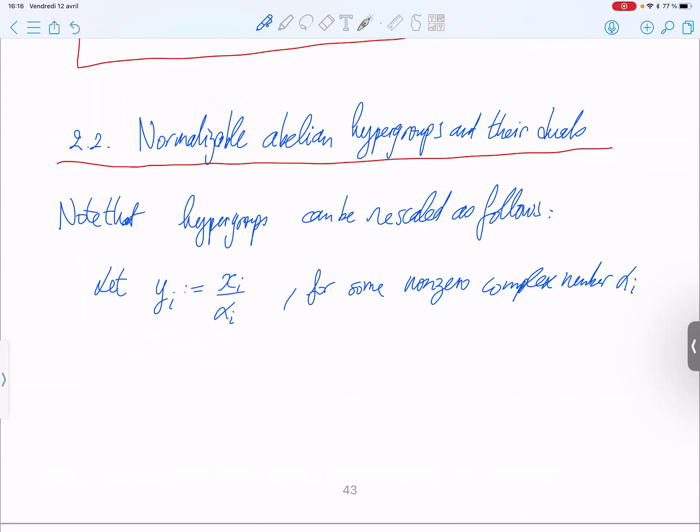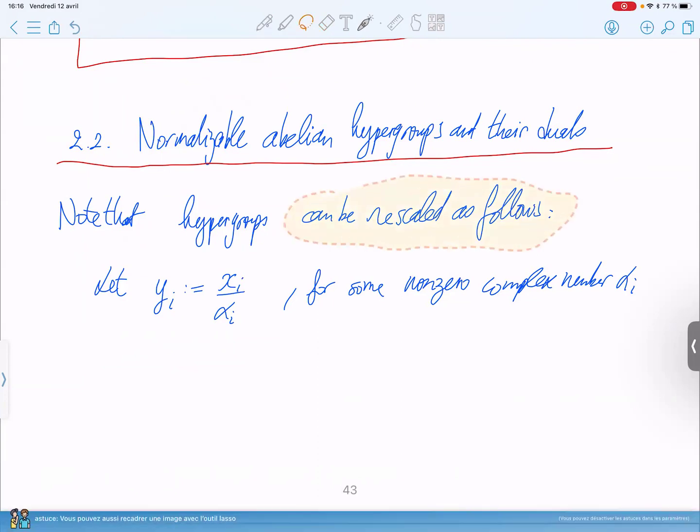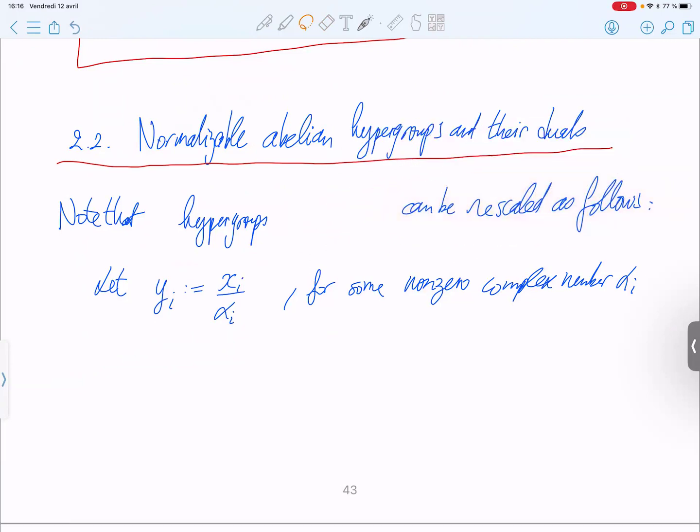Hypergroup, let me write it like that. H and the basis x_i, i in I. So this is for the basis B. Write the set. It can be rescaled like that, so you have a new basis.